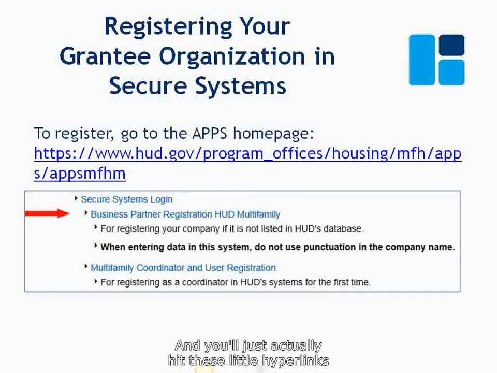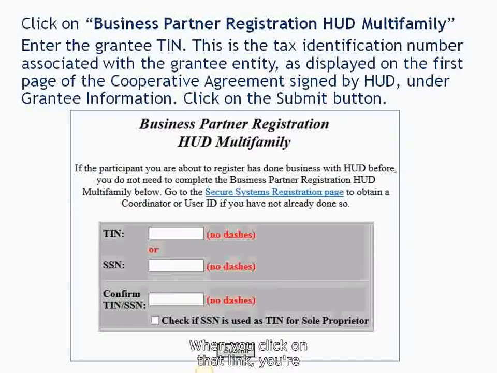You'll just hit these little hyperlinks in order to register as a business partner. So this is just where you're going in and saying, hey, HUD, we're going to start doing business. You're going to start sending me money, and I need to establish myself as a business partner for you. When you click on that link, you're going to enter the tax ID number that was associated with your cooperative agreement.